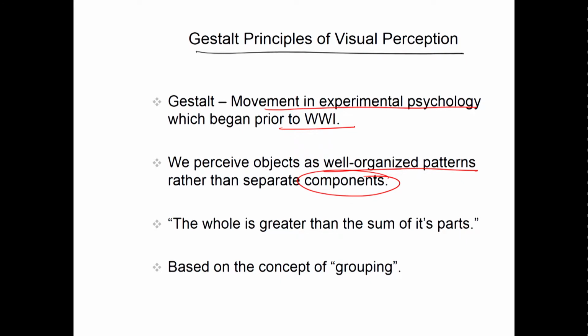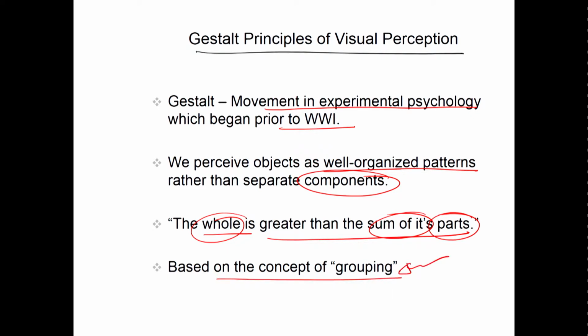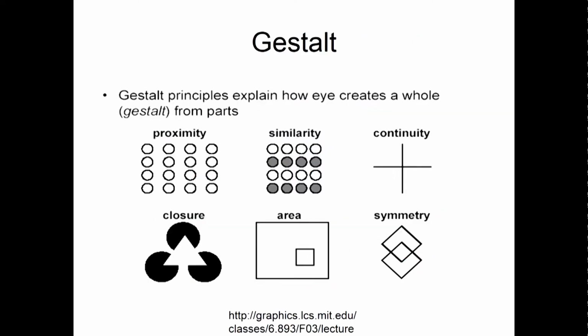That is the first principle: the whole is greater than the sum of the parts. We do not look at the parts, but we observe the wholeness, the full shape, the form. That is the principle based on the concept of grouping. Grouping is only one principle. We are going to look at several other principles.